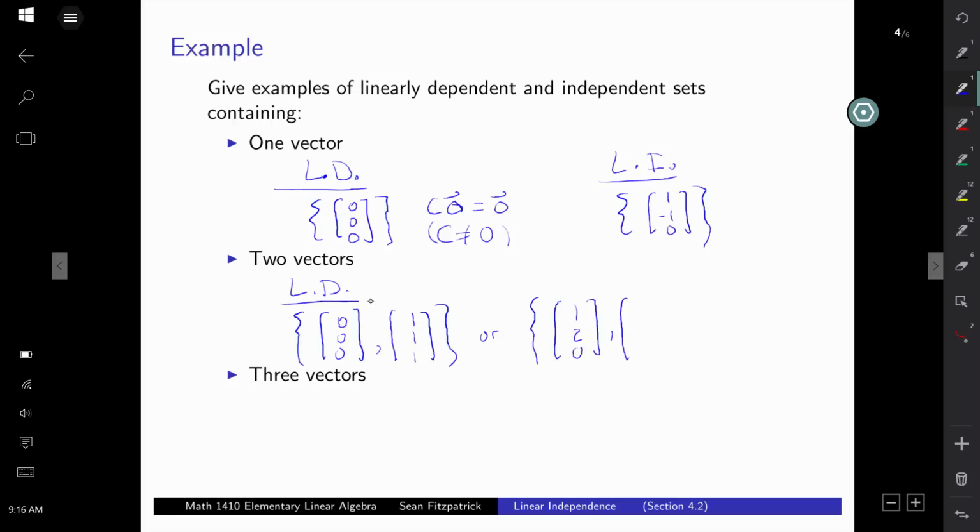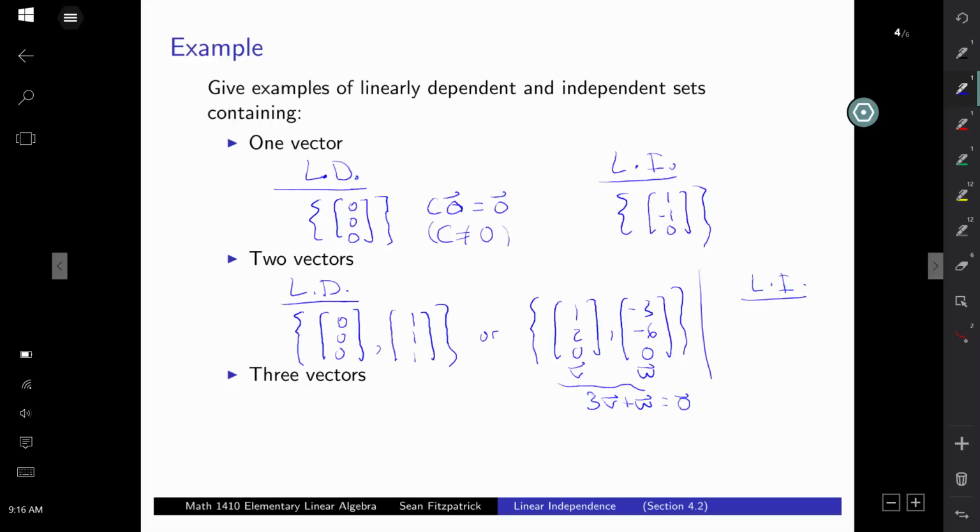Say (1, 2, 0) and maybe (-3, -6, 0), where the second vector is -3 times the first vector. Those are both examples of dependent sets, right? Because if this is v and this is w, we'll notice that 3v + w = 0. Here's a non-trivial linear combination that adds up to give me the zero vector.